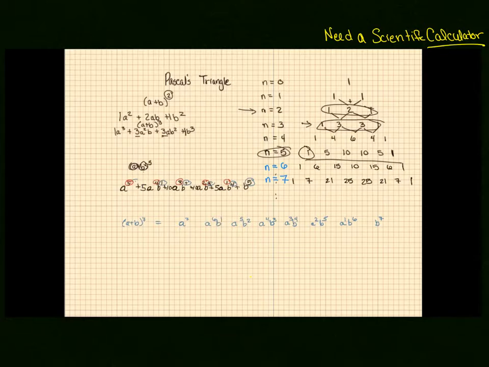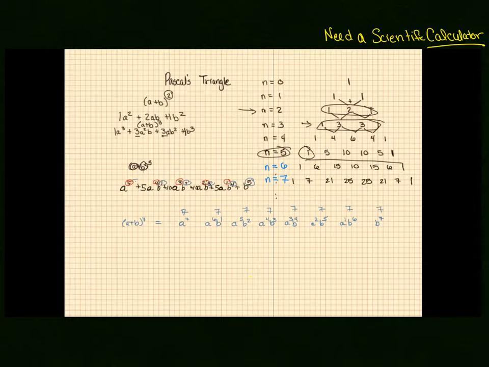One other thing to point out about expanding these binomials is that if you add the degree of each term, each of them is a 7th degree term. 7, 6 plus 1 is 7, 5 plus 2 is 7, 4 plus 3 is 7, 3 plus 4 is 7, 2 plus 5 is 7, 1 plus 6 is 7, and then 7 again.